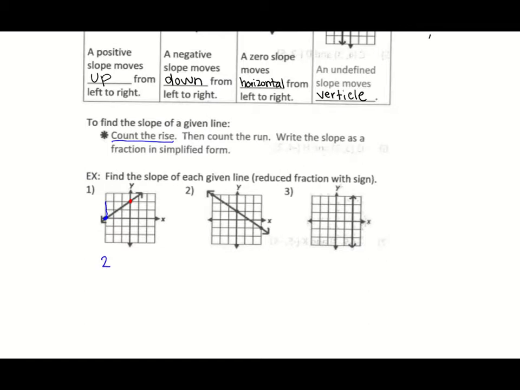So that means my rise is 2. And then my run, how many points do I need to count right? 1, 2, 3. That makes my slope 2/3. And I can also write that as m equals 2/3. That's my variable for slope.